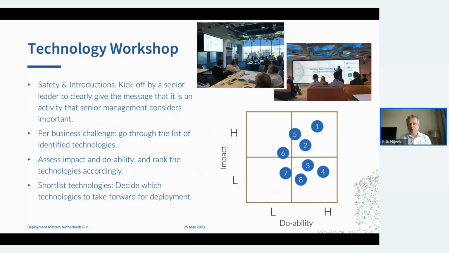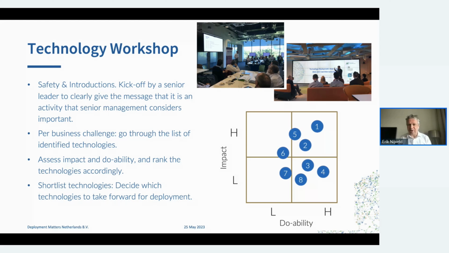And then per challenge, go through the list of identified technologies. I mean, per challenge, there can be multiple technologies that can support, and go through them. And as a group, assess impact versus doability, or impact versus risk, and rank the technologies accordingly. And we won't go into full detail here during this webinar how we do that, but we use a structured methodology to support that.